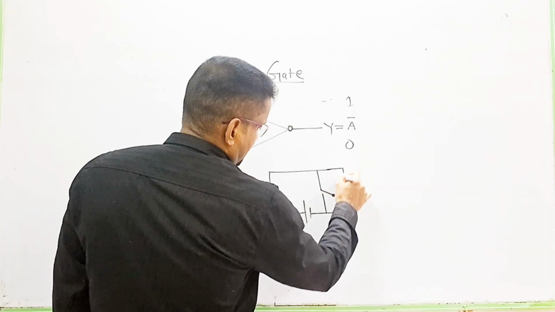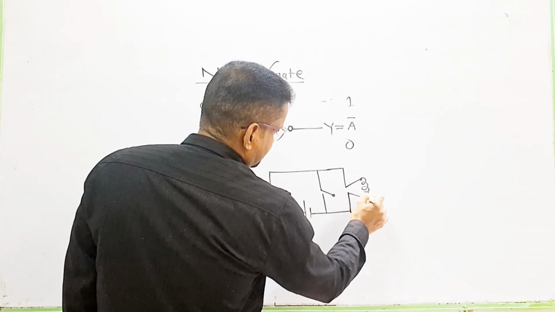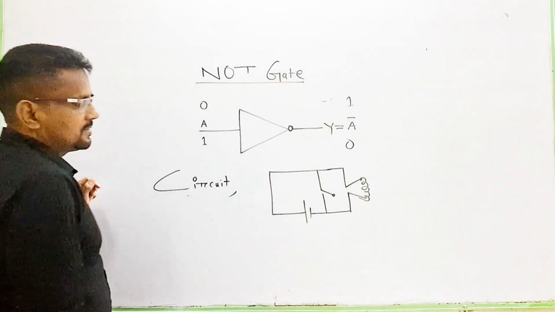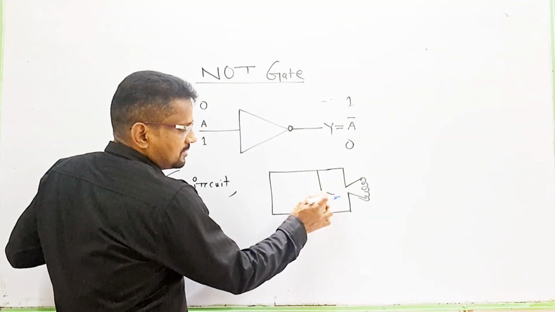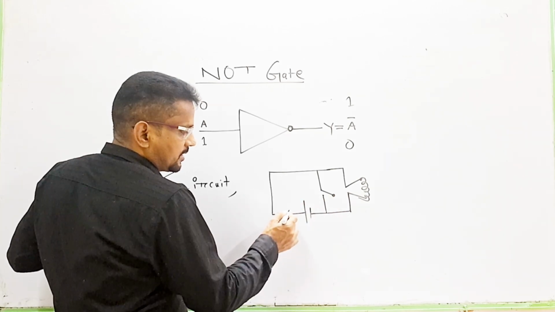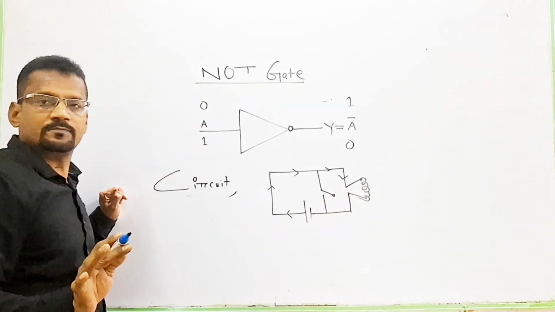And let me connect a bulb here. Here is a bulb. Now you see. When it is in zero mode, that is low, the switch is off. Current will flow in this direction and the bulb will glow.